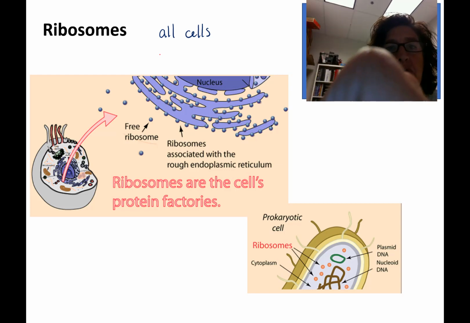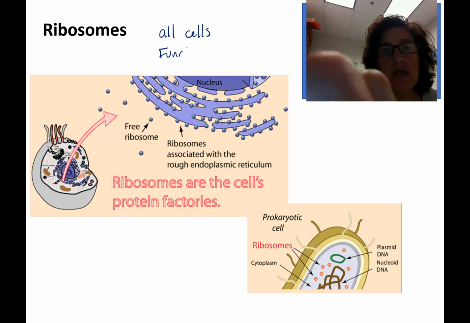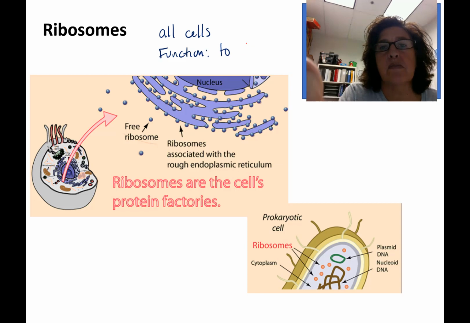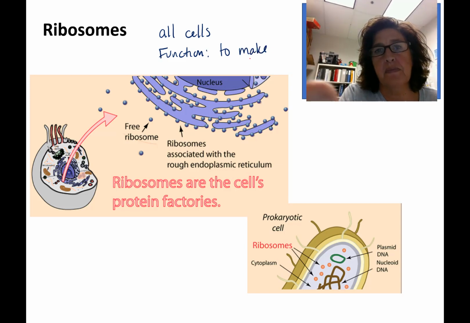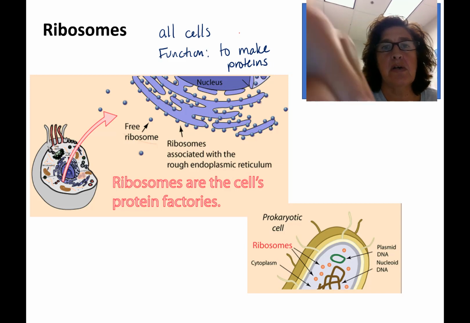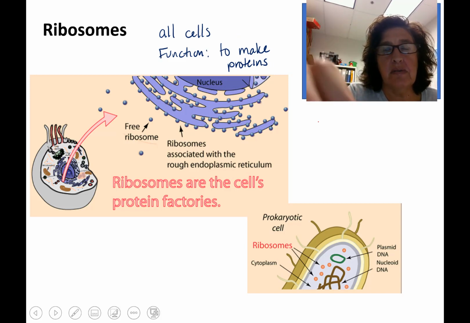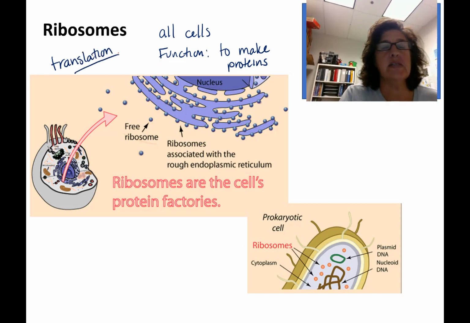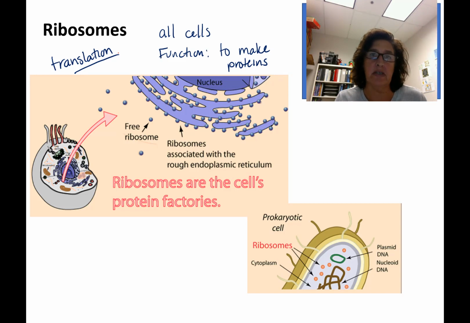The function of a ribosome is to make proteins. And this process is called translation. So the process of making proteins is called translation. That's what ribosomes do.